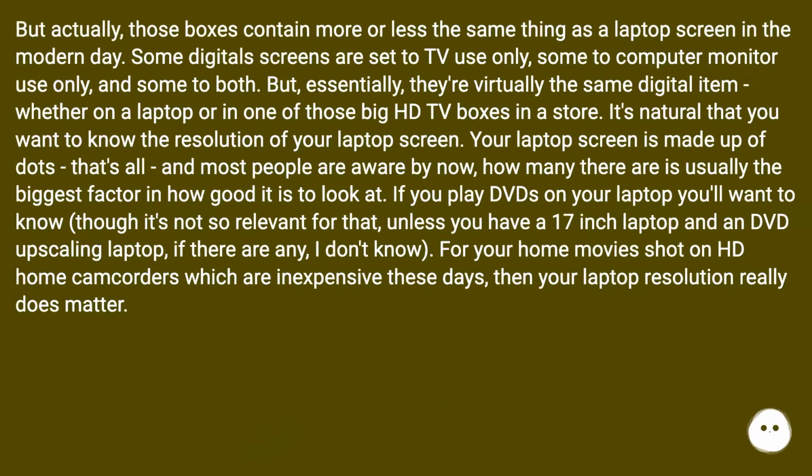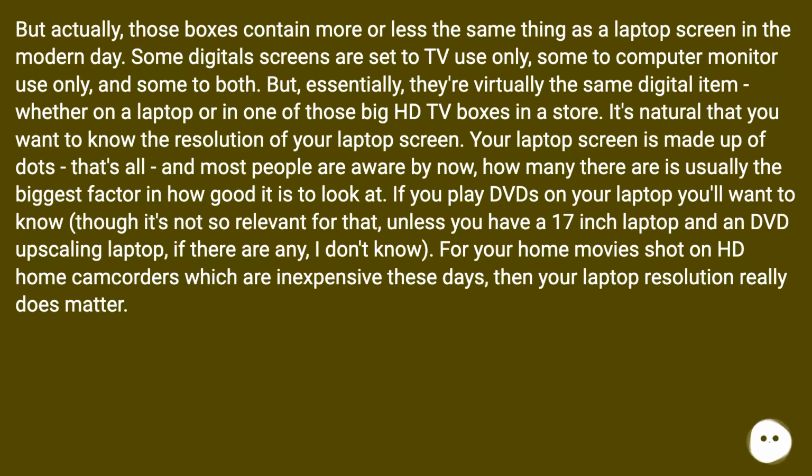But actually, those boxes contain more or less the same thing as a laptop screen in the modern day. Some digital screens are set to TV use only, some to computer monitor use only, and some to both. But essentially they're virtually the same digital item, whether on a laptop or in one of those big HD TV boxes in a store. It's natural that you want to know the resolution of your laptop screen.